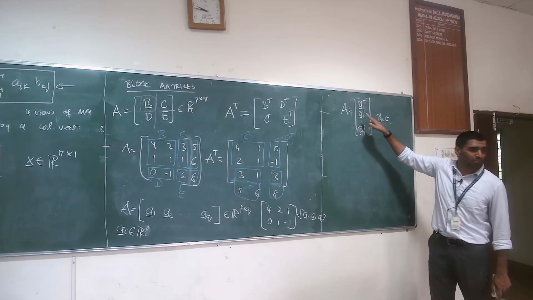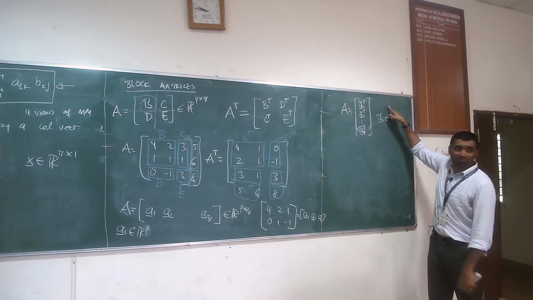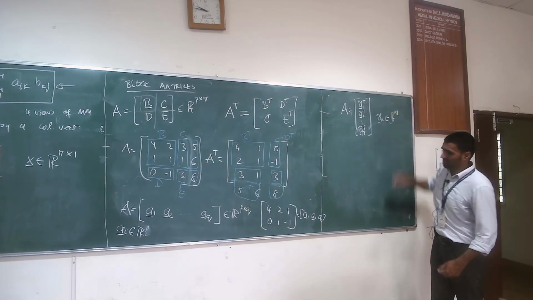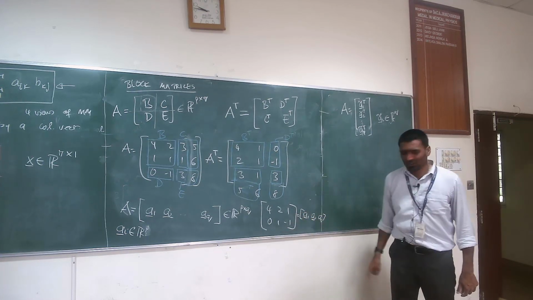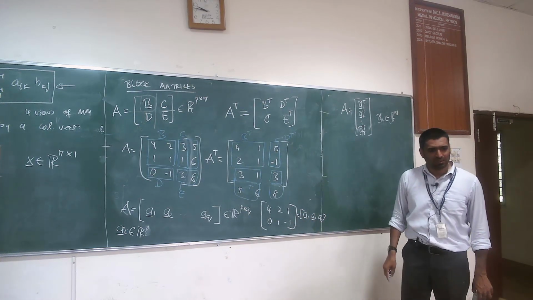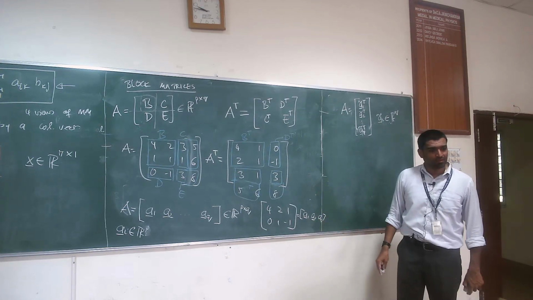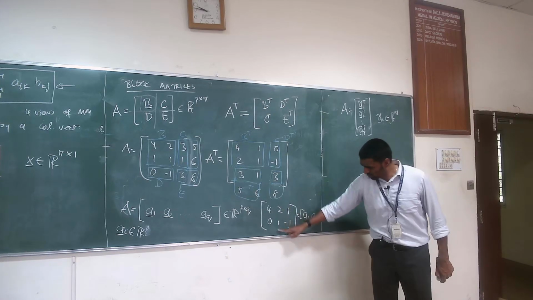The matrix A is from p cross q. That means each one of these must have q elements. If A is this, what is A1? It's a column. It's this, 4, 0. What is A2? 2, 1.